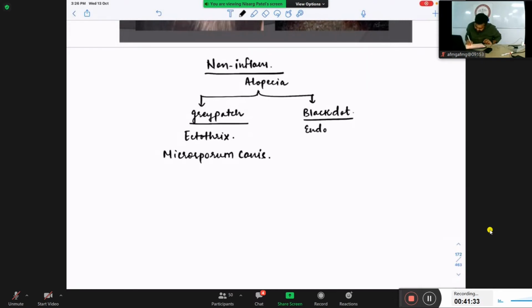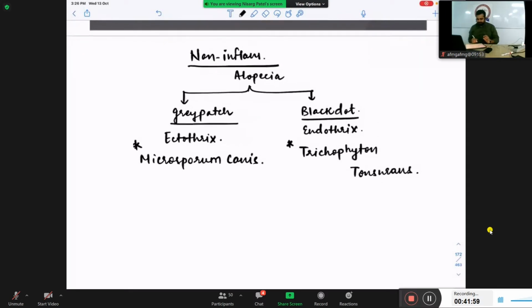In the black dot, endothrix infection. It is by the Trichophyton tonsurans. Trichophyton tonsurans.